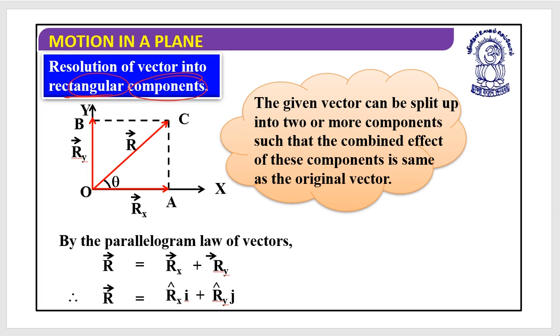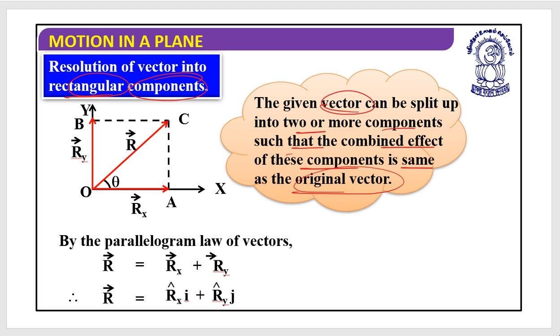The rectangular components means that any vector is split into two or more components, such that the combined effect of these components is the same as the original vector. That means if I combine these vectors, the resultant would have the same magnitude as the original vector.